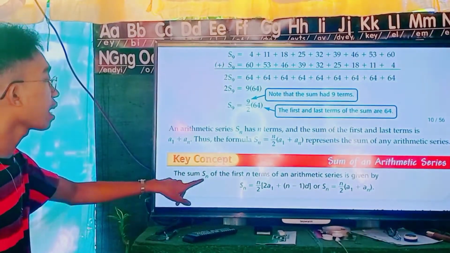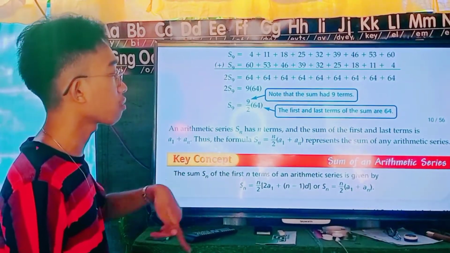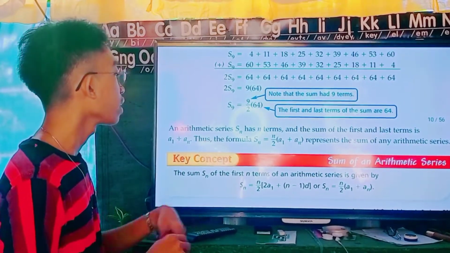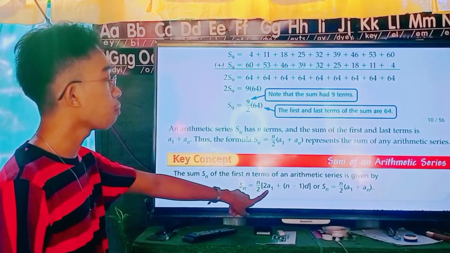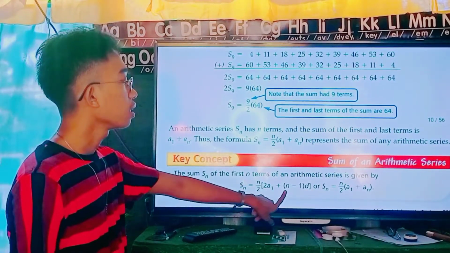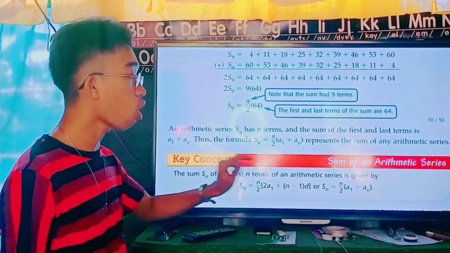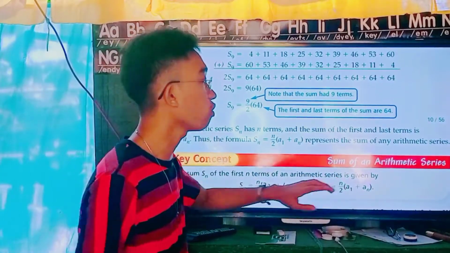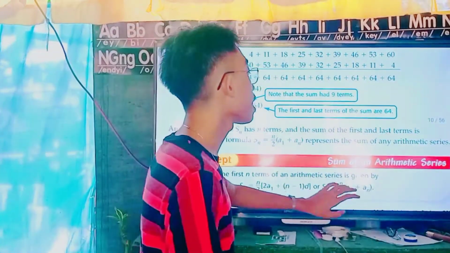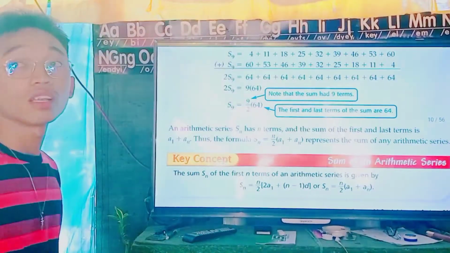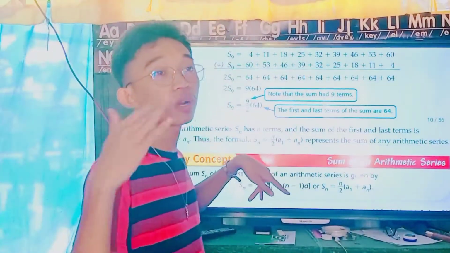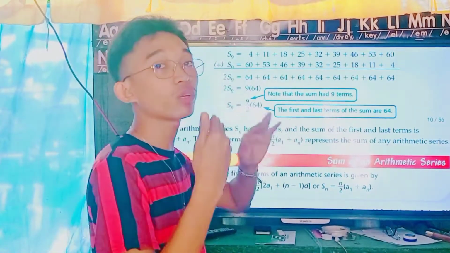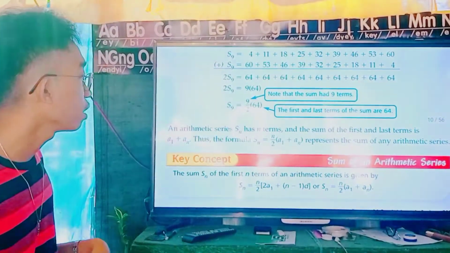So the sum S sub n of the first n terms of an arithmetic series is given by S sub n is equal to n over 2 times 2a sub 1 plus n minus 1 times d, or S sub n is equal to n over 2 times a sub 1 plus a sub n. So it's up to you what formula you are going to use in order to get the sum of the arithmetic series.